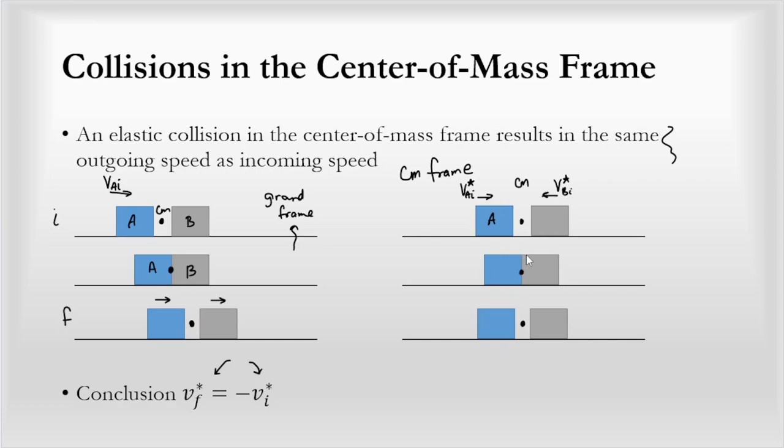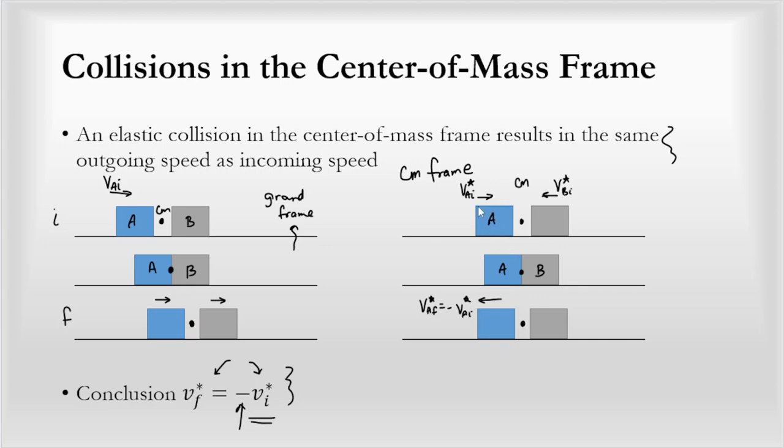In the collision, A and B collide here, and then afterwards, whatever the initial velocity is, the final velocity is just going to be the negative of it. So VA final star equals negative VA initial star.